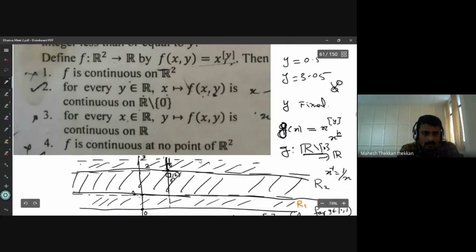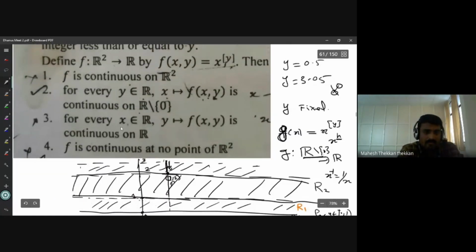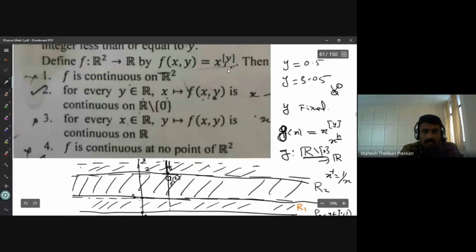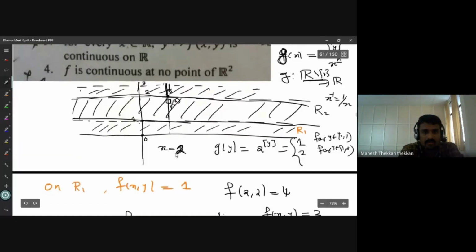So this third statement is: for every x, this function has to be continuous. So the function is g of y is equal to x power integral part of y. So I fix some x. I take x is equal to 2. So your g of y is 2 power integral part of y. So I wanted to look at whether this function is continuous or not.